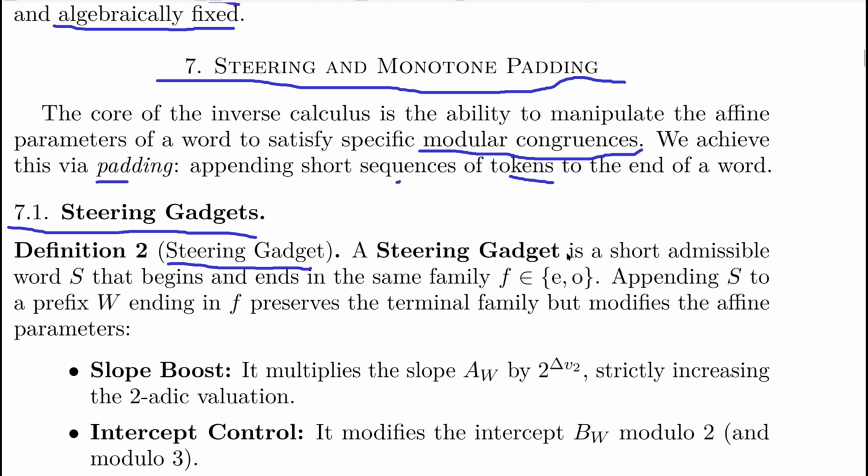A steering gadget is a short admissible word S that begins and ends in the same family F, which is either E or O. Appending S to a prefix W ending in F preserves the terminal family but modifies the affine parameters.